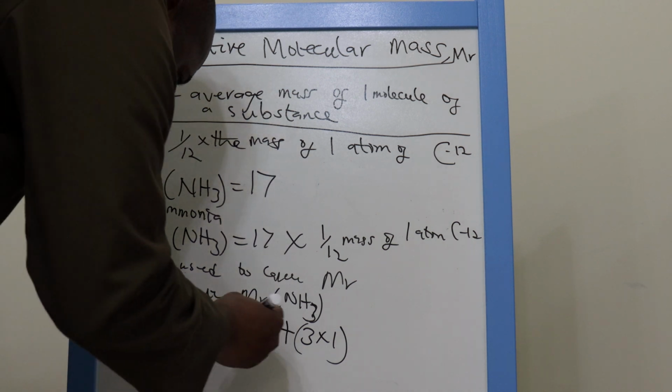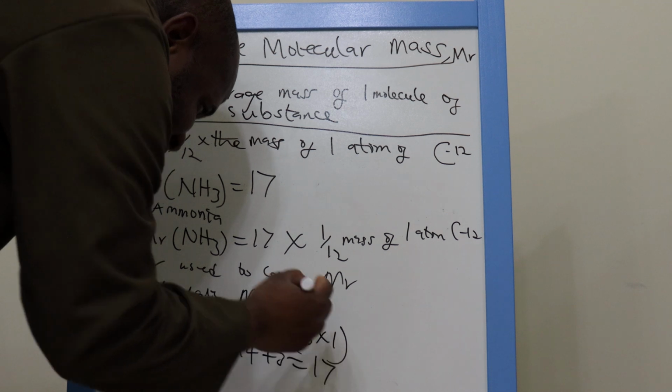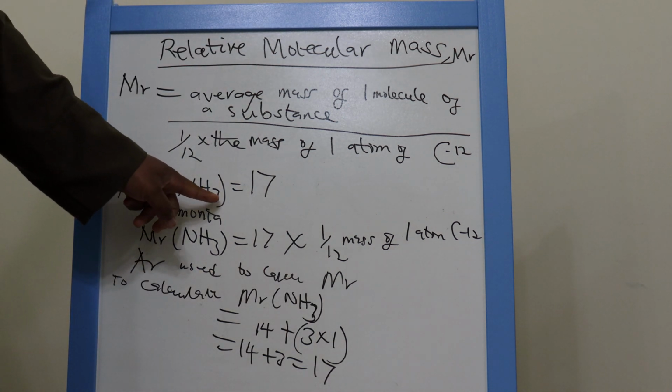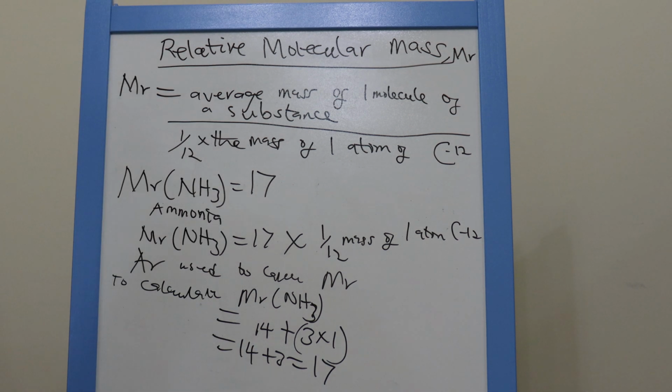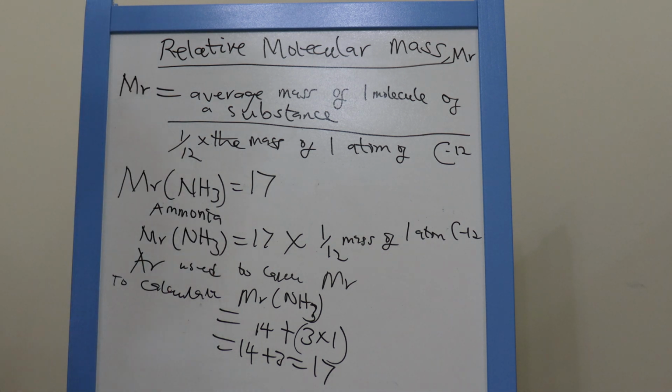So in effect, this is 14 plus 3, which equals 17. So that is why we said the relative molecular mass of ammonia is 17. This is how the 17 was arrived at.